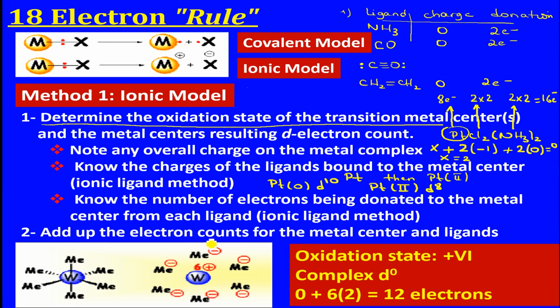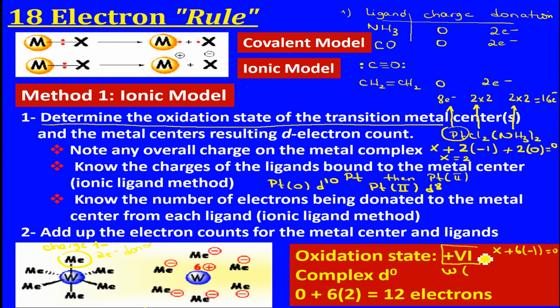In the same way, we'll treat this complex. We have W(CH3)6. What is the charge of methyl? Methyl is CH3, so the charge is 1 minus and it is a 2 electron donor. So W in this case: X plus 6 times minus 1 equals 0.